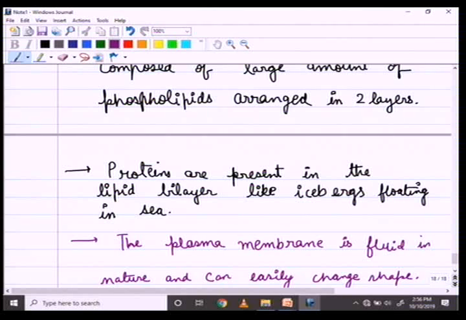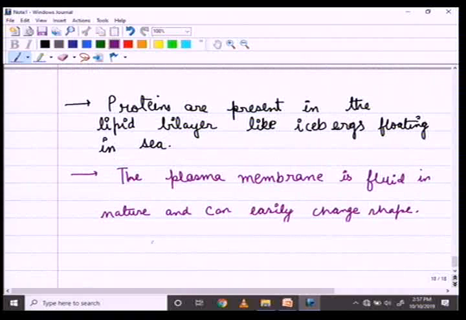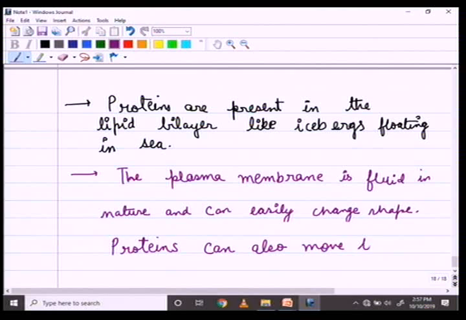Proteins can also move from one position to the other because they are floating, right? So they can also move anywhere within the lipid bilayer.